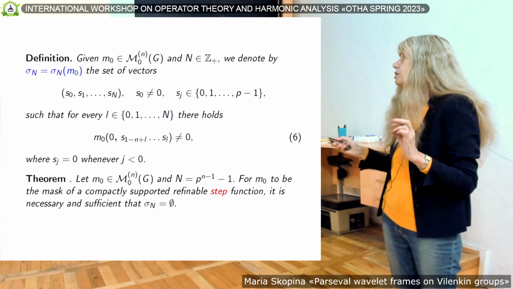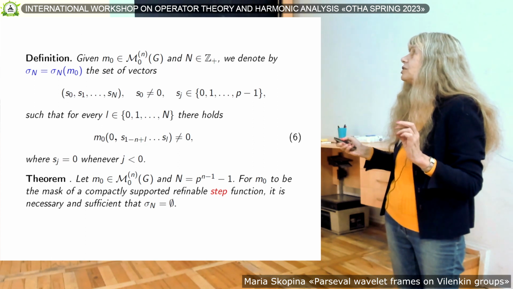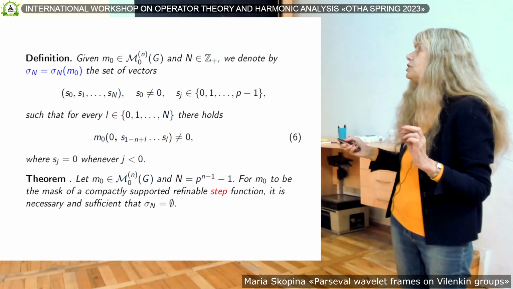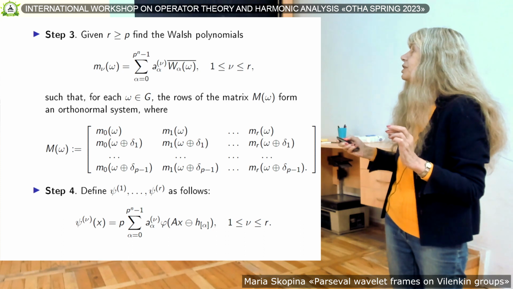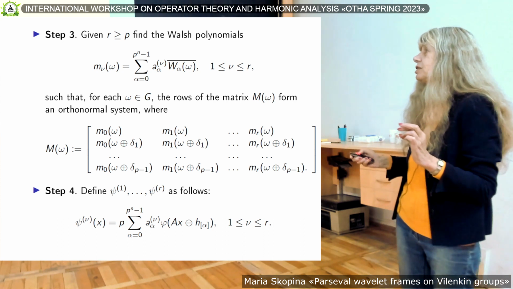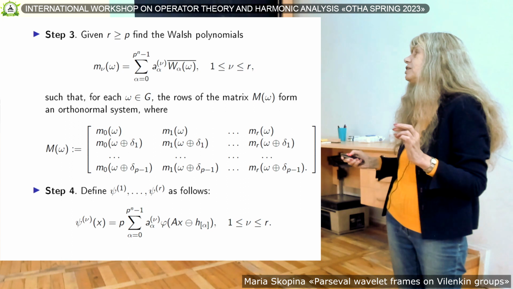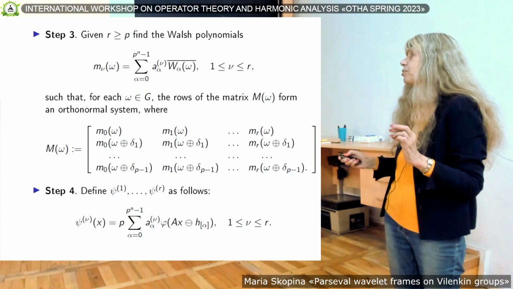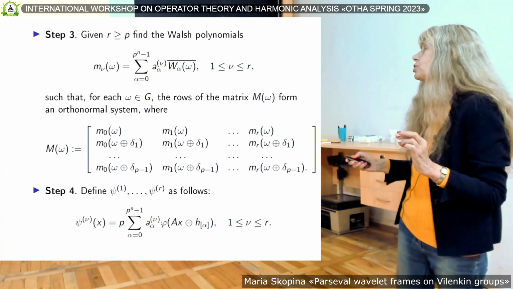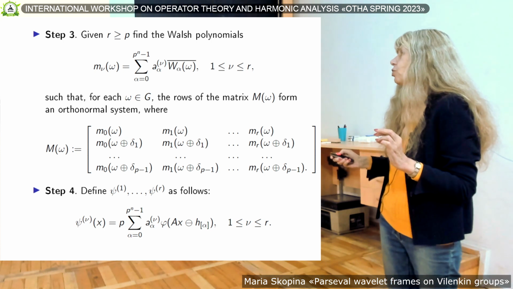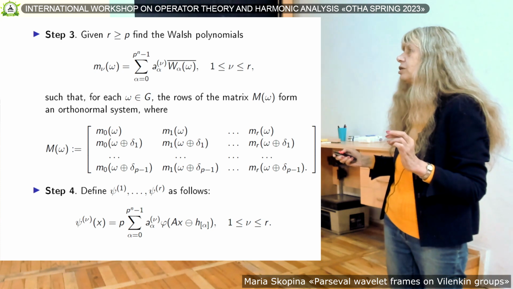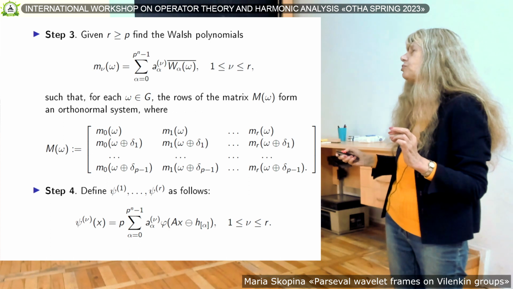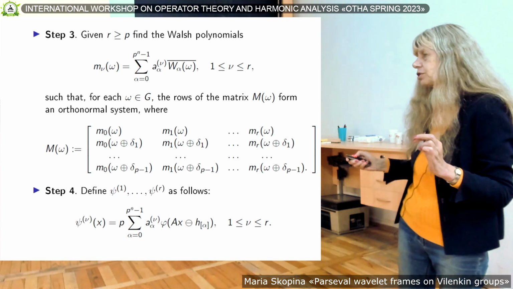But we need not only compactly supported, we need to have a step function. From here, it is clear that if phi is a step function, then the wavelet functions are also step functions. So our goal is to provide not only compactly supported phi, but also a step function.